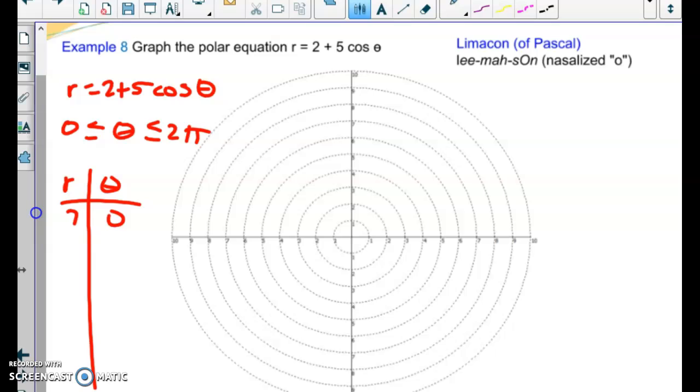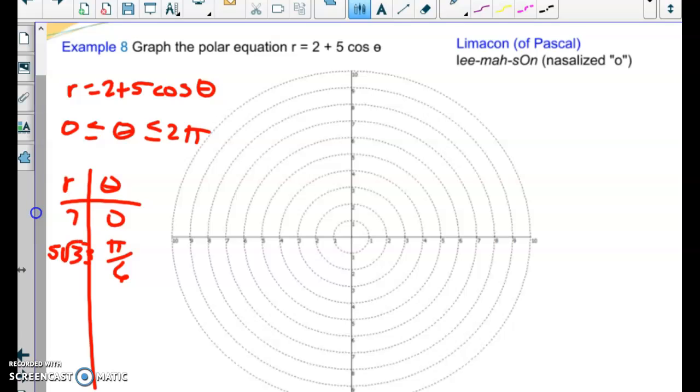And then I'm going to try at pi over 6. The cosine at pi over 6 is root 3 over 2. So I get 2 times 5 root 3 over 2, which is 10 root 3 over 2, which is 5 root 3. Let's simplify that to 5 root 3.